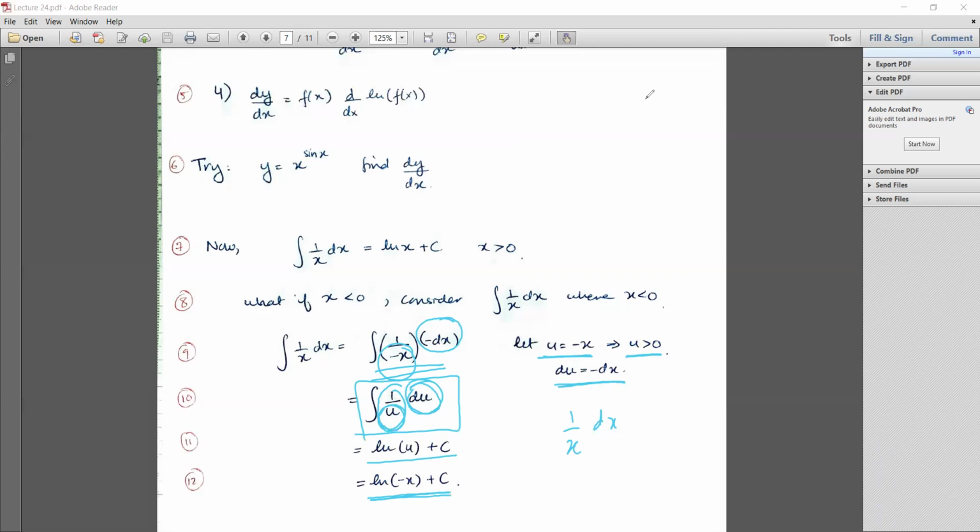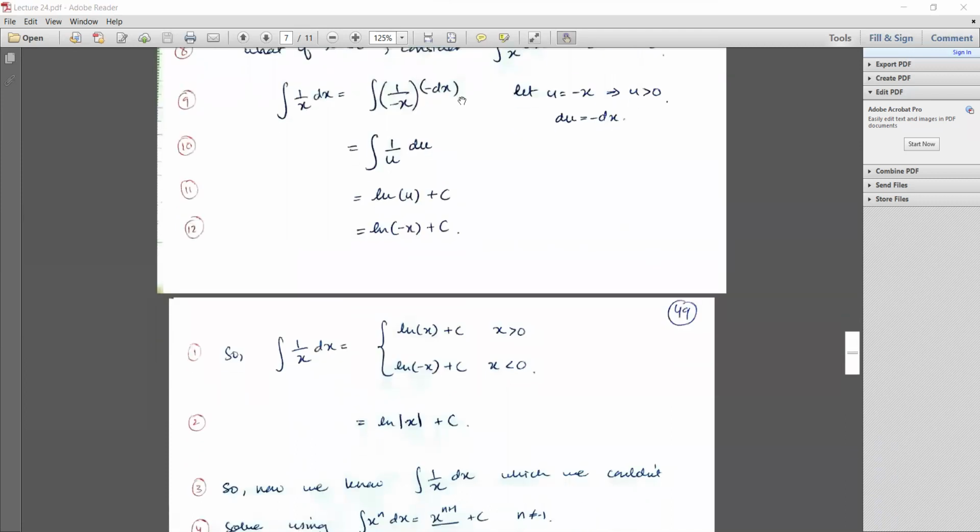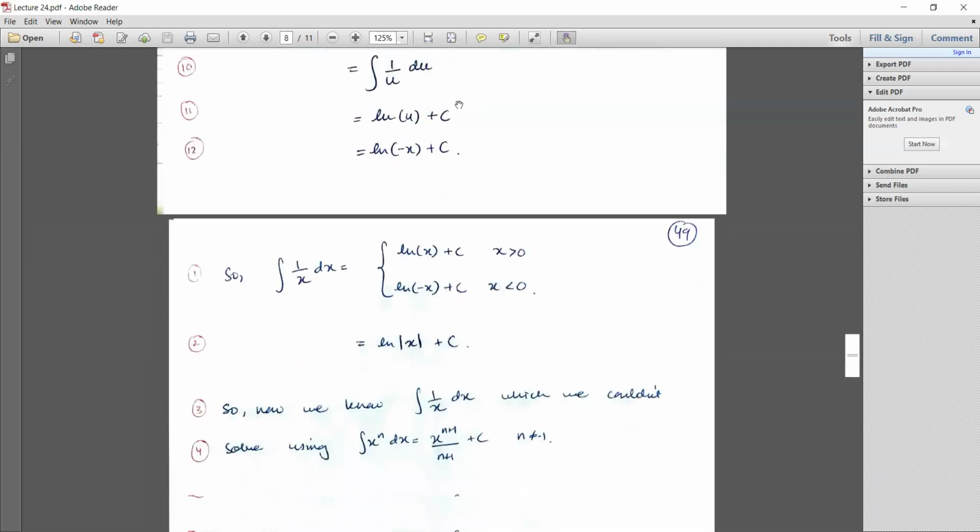And so if you want to write it in a concise way without separating the two cases, you get the integral of 1 over x is ln of absolute value of x plus c. So now we're able to integrate 1 over x dx, which we couldn't do based on the power rule earlier. We couldn't use the power rule when n was equal to -1.